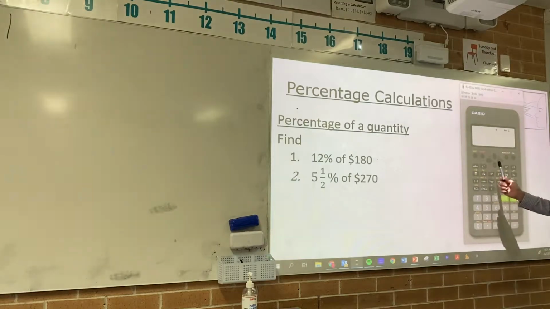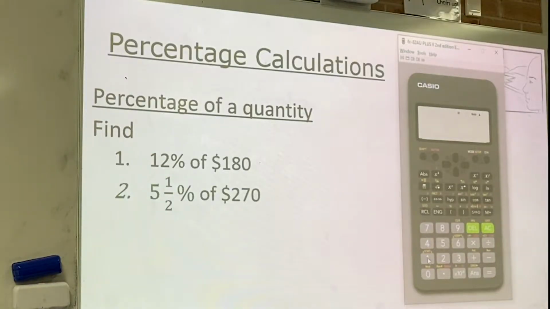But, as I said, got a calculator. Let me type it into the calculator so we can see it. And the other thing I want to say, your calculators make it so easy. I type in the number 12. I can press the shift and percentage key, and then I do times, because of is times, 180.